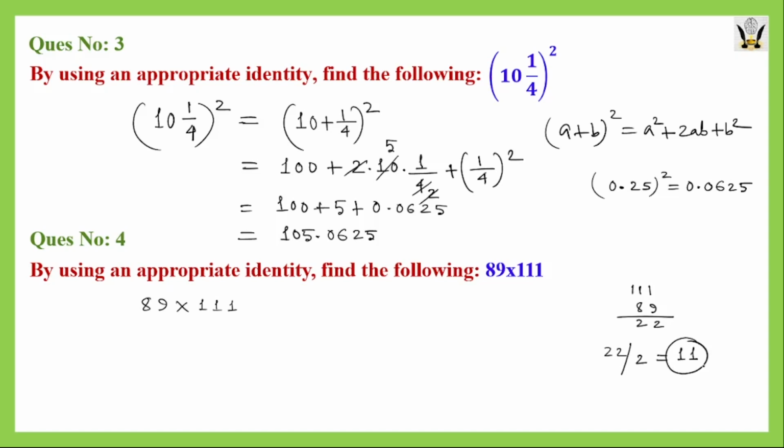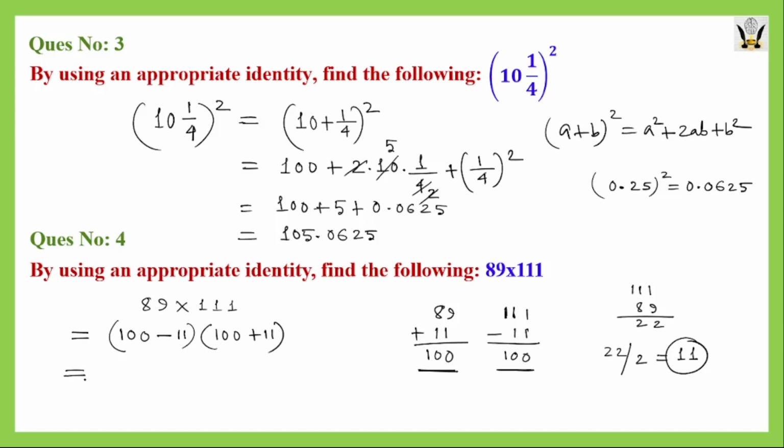Then we add that value 11 to the smallest value in the expression, 89, so 89 plus 11 is 100, and we subtract the same value 11 from the highest value, so it will be 100. In both cases the value we are getting is 100, and that is the same, so that will be taken as the base or reference value, and the other two values will be represented with respect to that value.